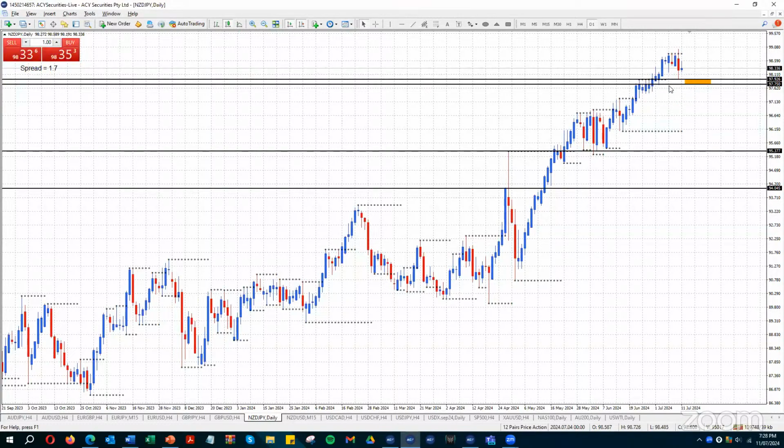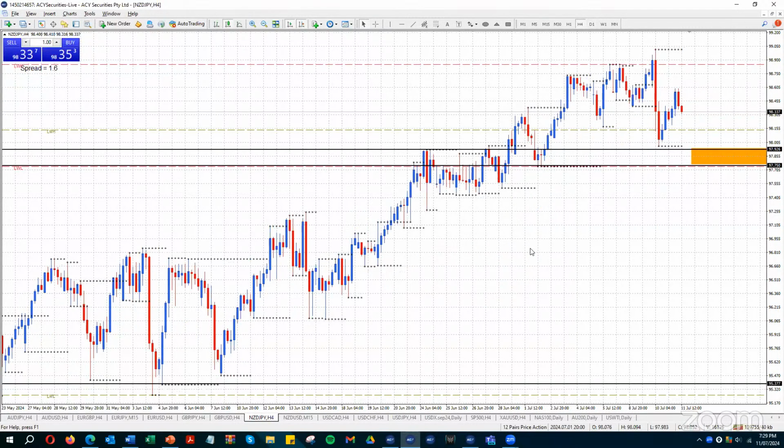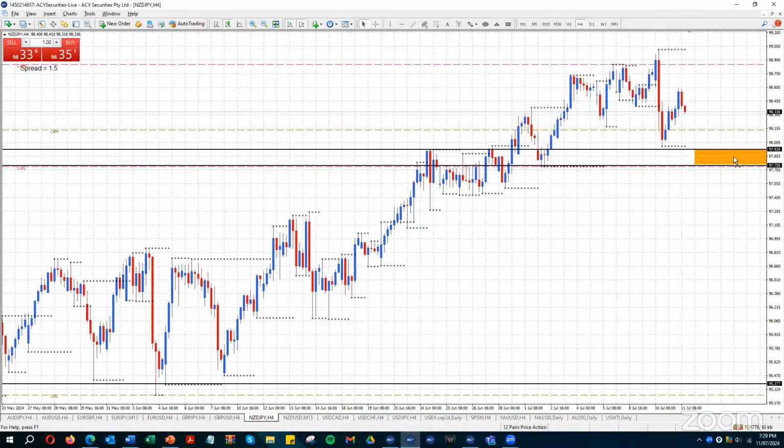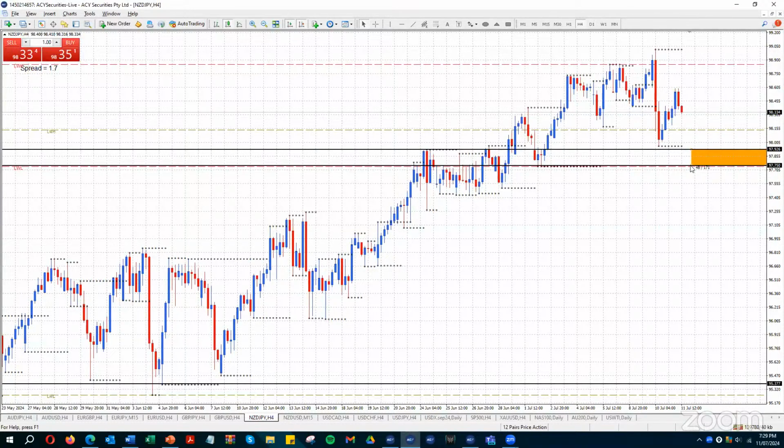And we couldn't get down to that monthly high. So that is the support area. I said that on Tuesday. We haven't quite got there. So if we can move into that area, that could quite clearly be support.